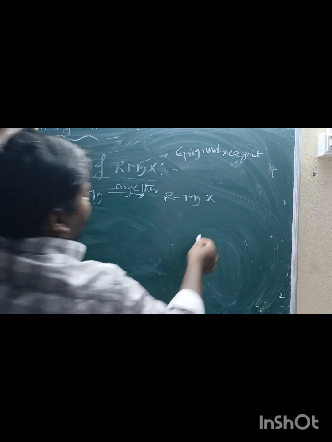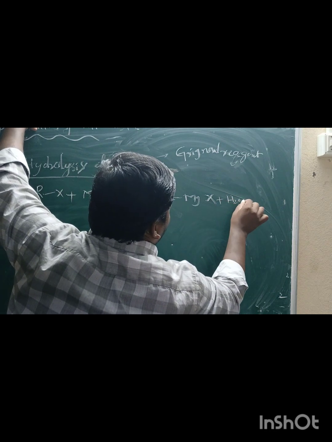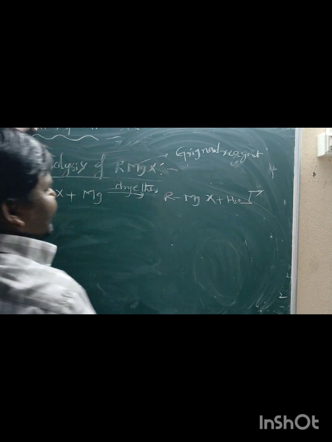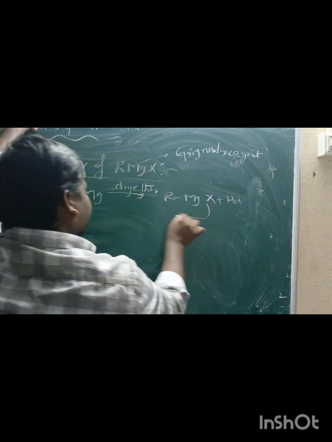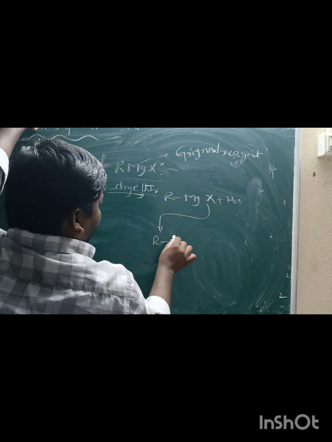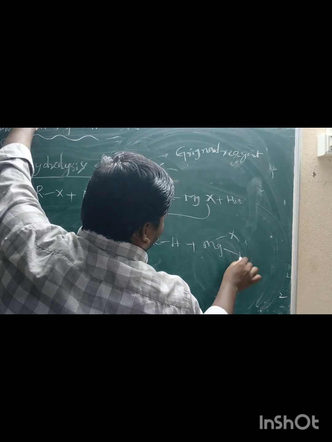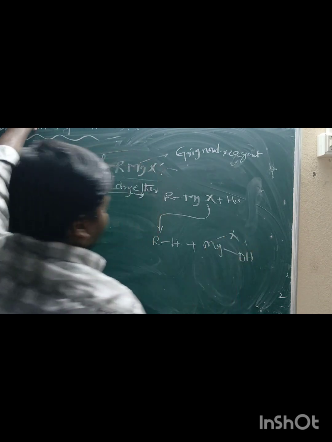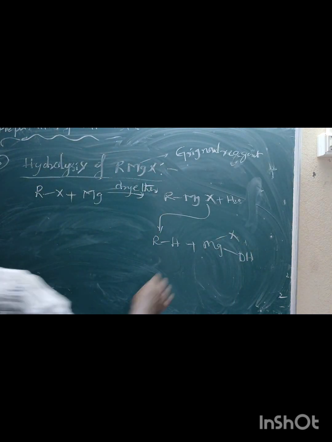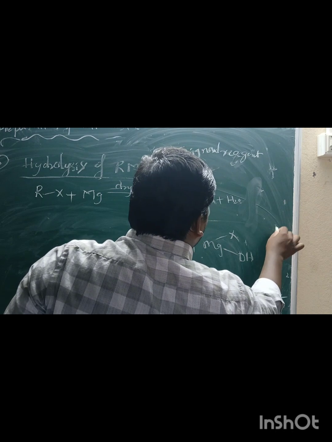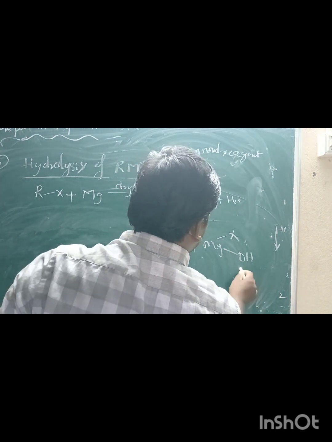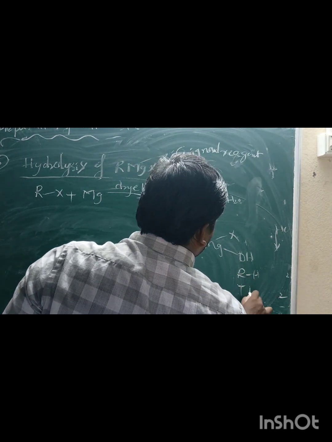This reacts with a water molecule to form two products, that is alkane plus magnesium hydroxide as well as halide. If it is treated with dilute hydrochloric acid also, the same products are obtained.